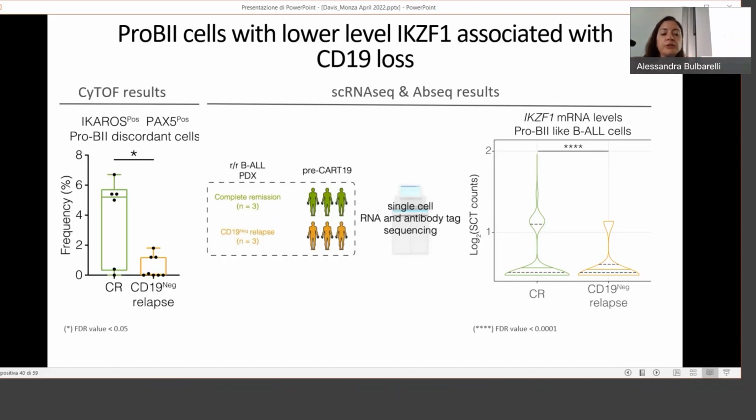So Pablo went and used AbSeq on a subset of these patient samples, in particular, patients who were going to go into complete remission or those who were going to have a 19 negative relapse, and found on the RNA level that in pro-B-like cells from the single cell transcriptome, they also had lower levels of Ikaros on the gene level.